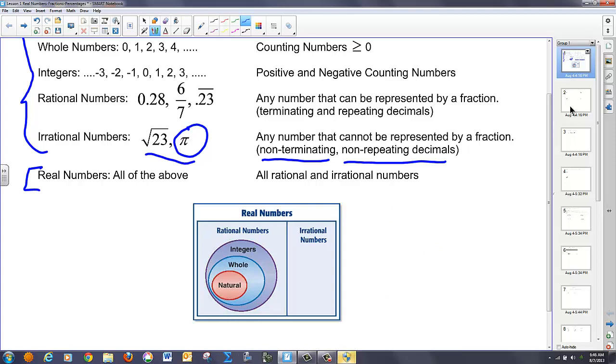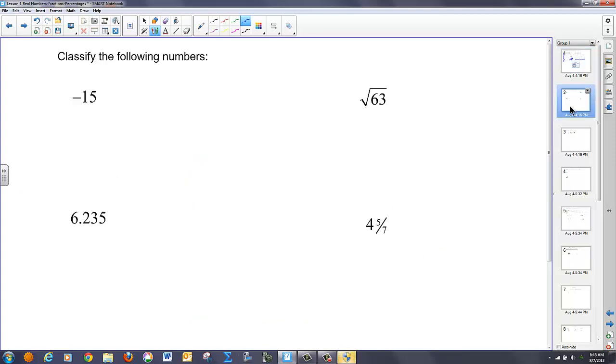So if we go here and you're asked to classify what type of numbers these are, well, we know the overall classification for each of these are all real numbers. So I can say negative 15 is a real number. And I can also say that it could be written as a fraction, so it's rational.